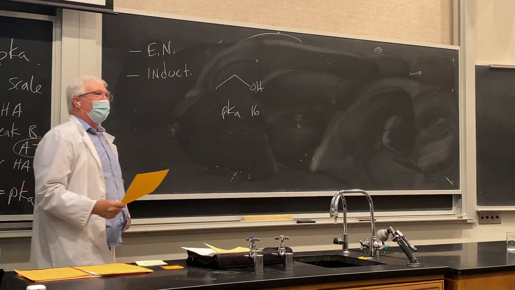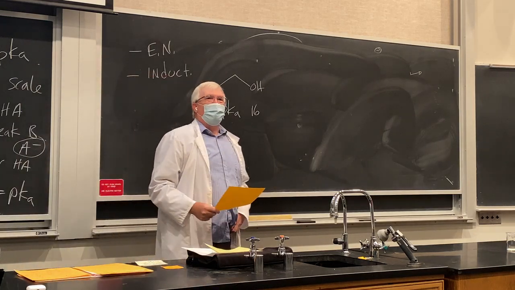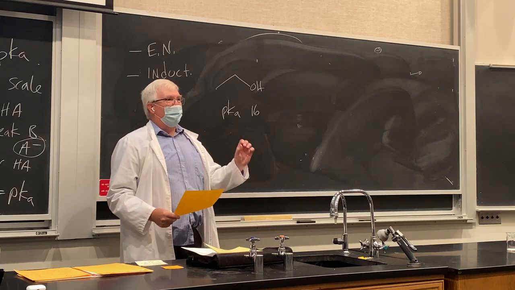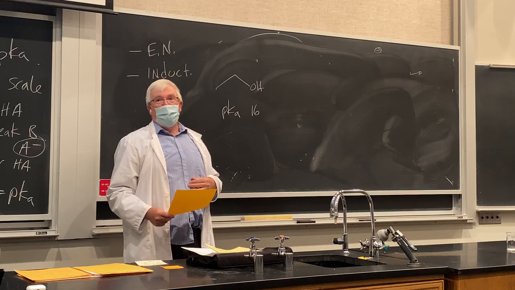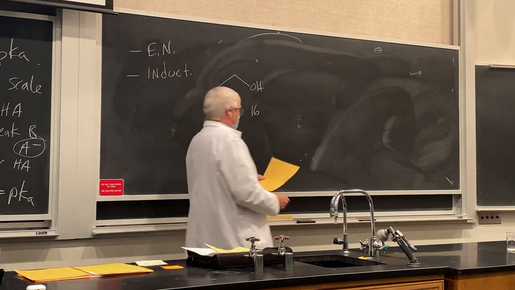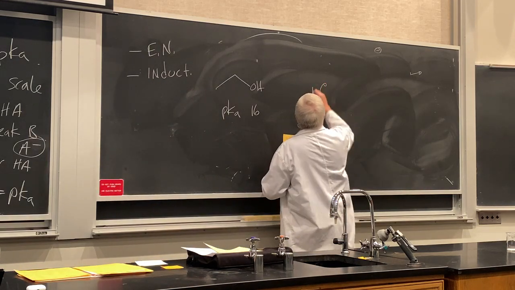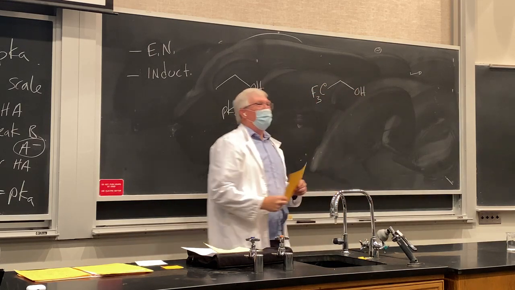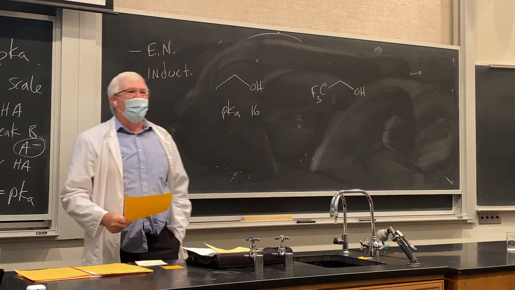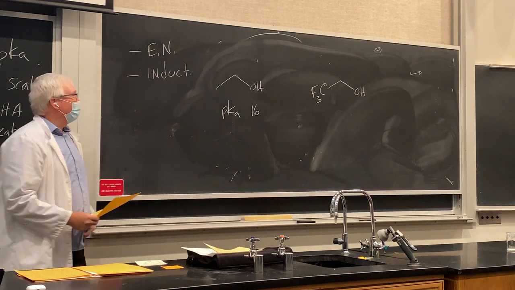It's soluble in water, but it's not going to ionize in water. It's outside of the 0 to 14 range. Alcohols are almost always protonated in water, okay? But let's compare it to this acid. And notice I said acid. This is trifluoroethanol now. There's 3 fluorines there.